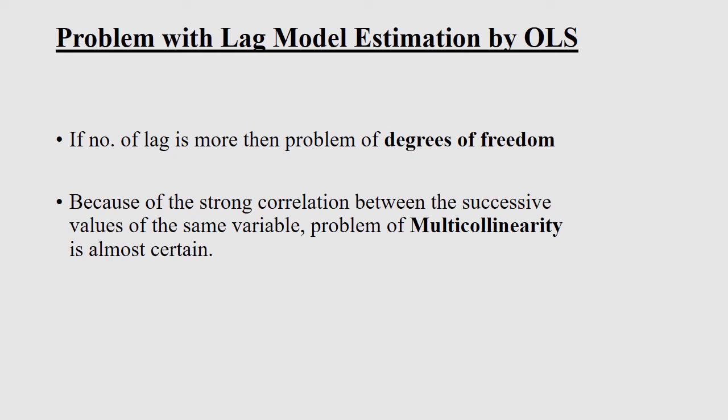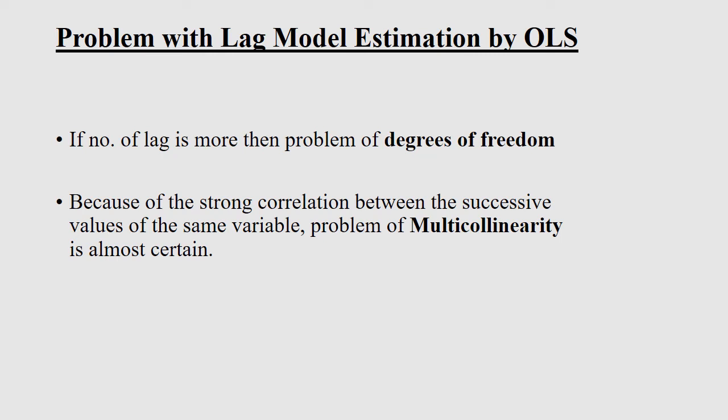Now number two, when there is a presence of a lag model, that means lags of a particular variable, xt, xt minus 1, xt minus 2, or it may be yt minus 1, yt minus 2, yt minus 3, like that. These are past values of the same variable, successive values of the same variable. So when they are successive values, obviously there is a possibility of correlation between two values, that means xt minus 1 and xt minus 2.